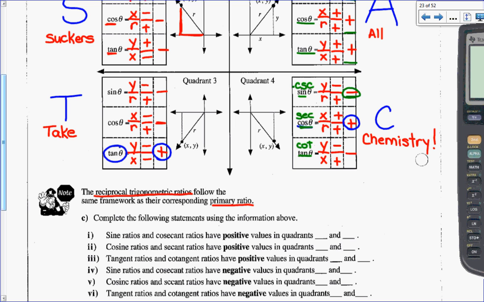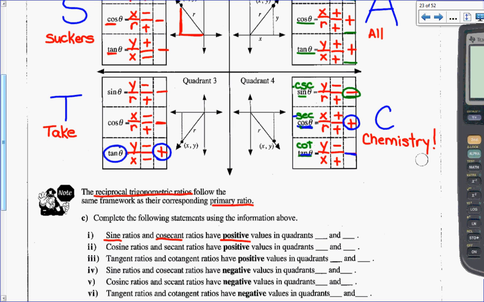If cosine is positive in quadrant 4, then so is its reciprocal, secant. If tangent is negative in quadrant 4, then so is cotangent, its reciprocal. Okay, so they're the same. They're the same sign. So sine ratios, sine and its inverse, cosecant, are positive where?